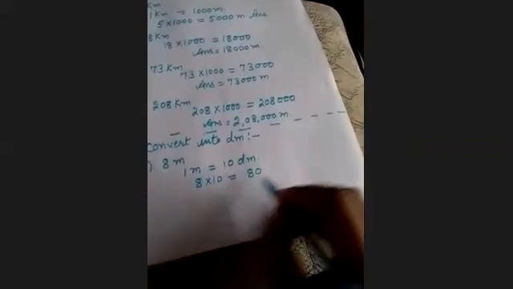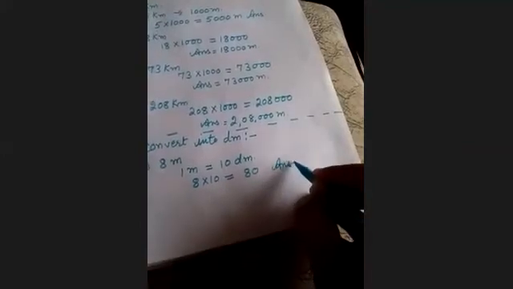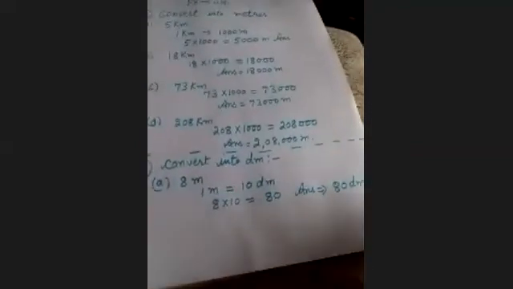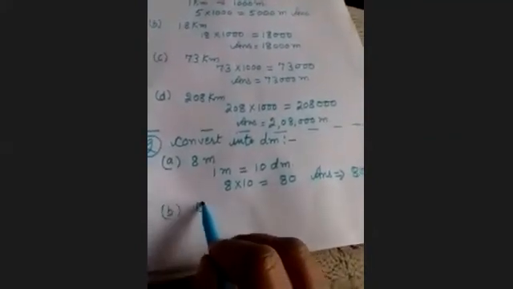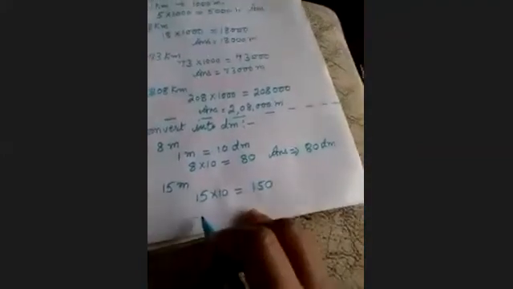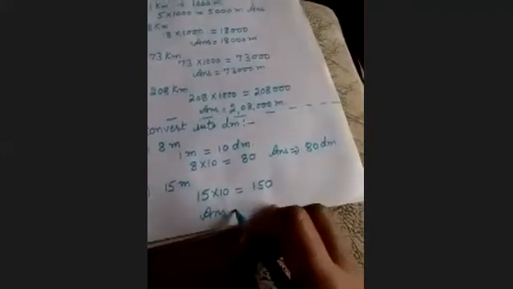So our answer is 80. Yes, friends. Next is part B, 15 meters. 15 multiply by 10, 150. So answer is 150 dm.